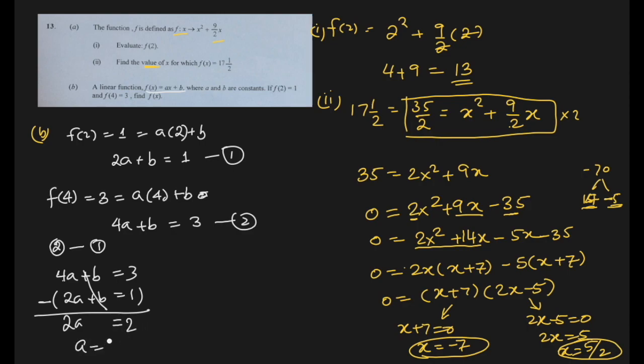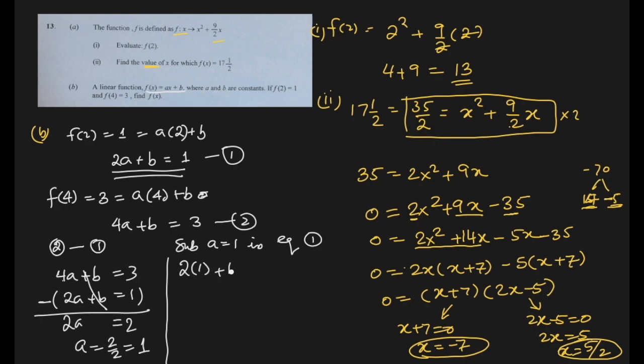So a is 2 divided by 2, 1. And now we'll find b by using any equation. Let's use equation 1. A is 1. So substitute a equal to 1 in equation 1. So 2 times 1 plus b equal to 1. So 2 plus b equal to 1. This 2 comes to the right side, so b equal to 1 minus 2, which is negative 1. We got b equal to negative 1.